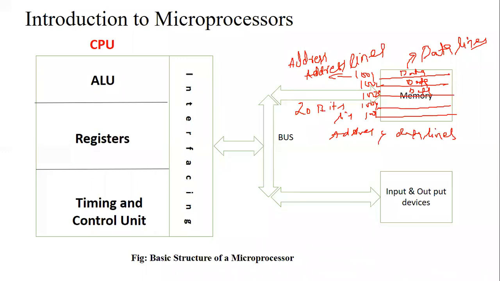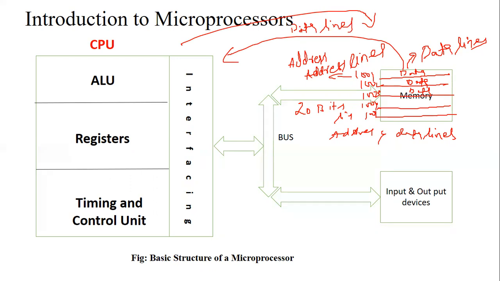Address lines are used to identify the addresses in the memory. The data lines are used to carry the data from the memory to the microprocessor, and from the CPU to the memory.